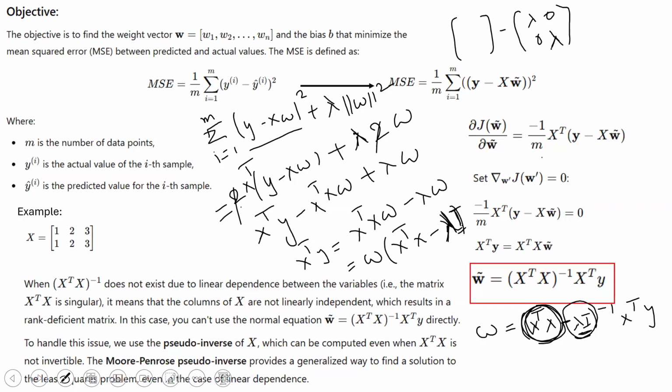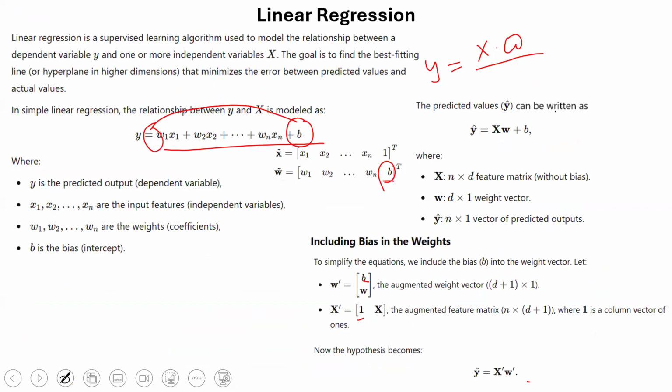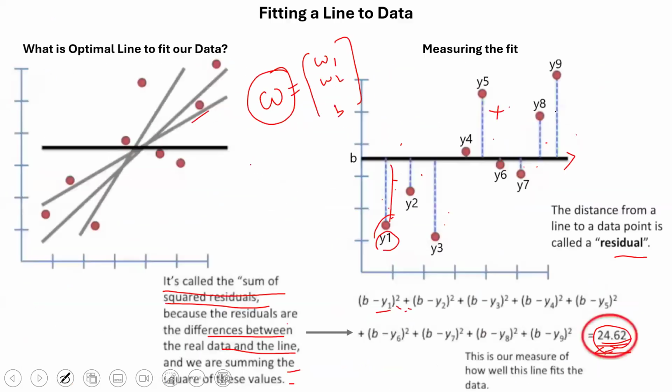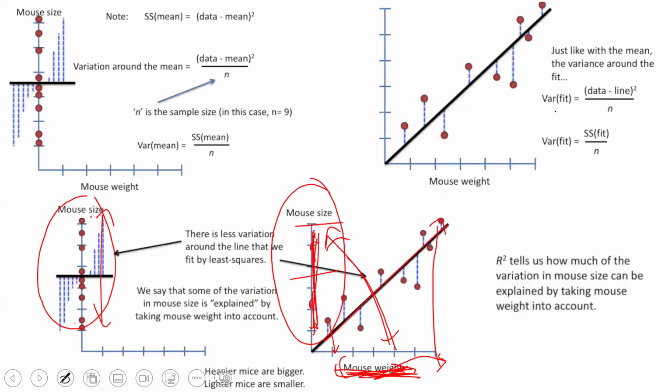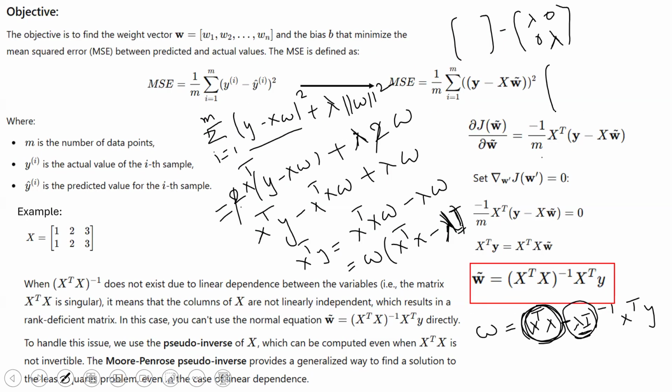Let's take the same example here. What is X transpose into X? We have seen that value, right? Something like 2 4 6. On the first row we got some zeros, on the second row we got something like 4 8 6, and on the third row something like 8 9 10.